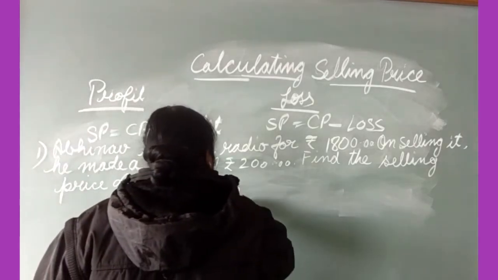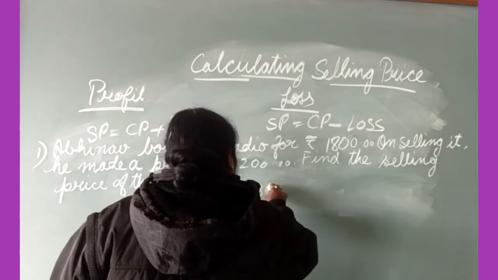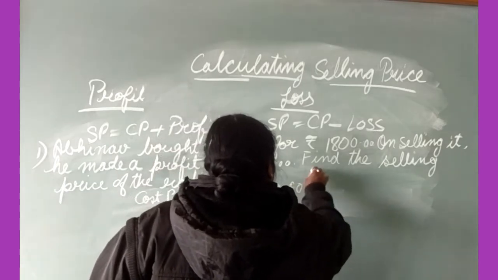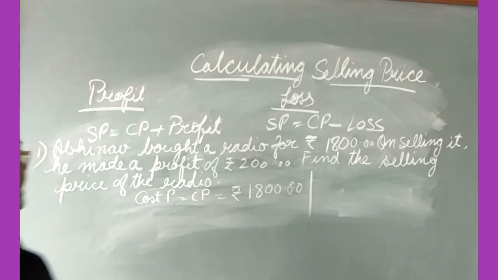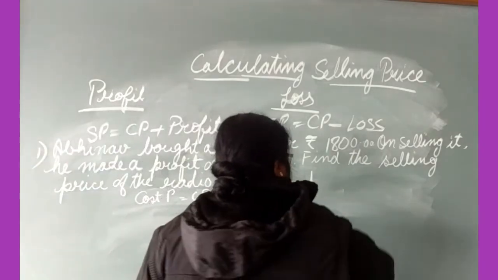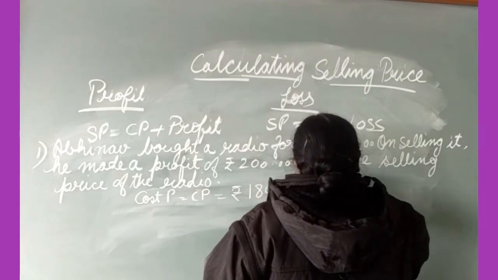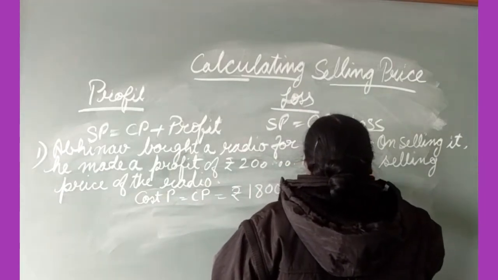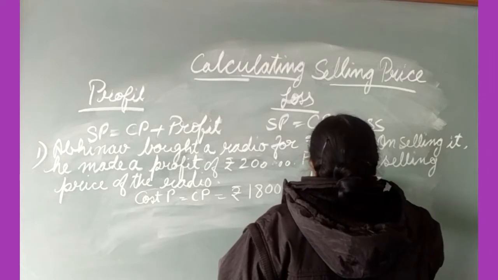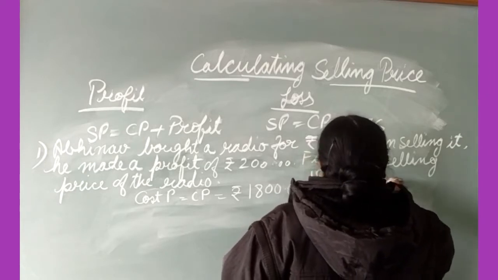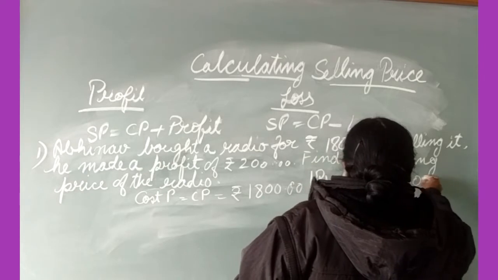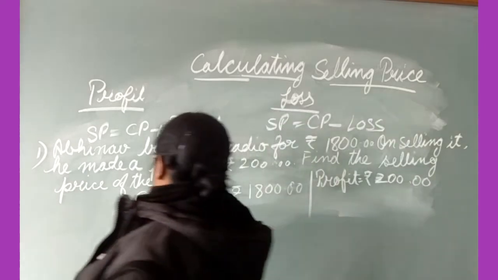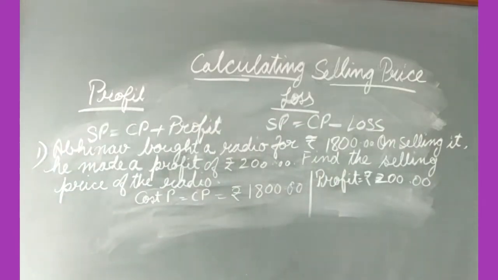CP equal to rupees 1,800. Good. Now next, how much profit has he made? Profit equal to rupees 200. Cost price is rupees 1,800, profit is rupees 200.